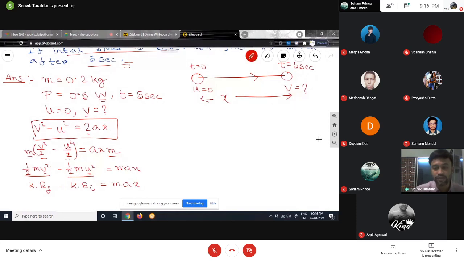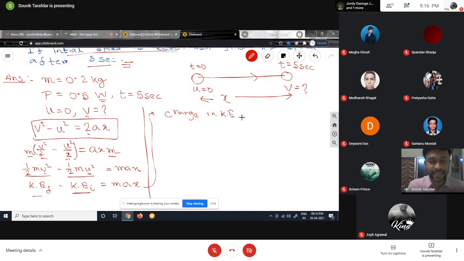Now see, students. Kinetic energy final minus kinetic energy initial, what does it mean? This is the change in kinetic energy, isn't it? Change in kinetic energy is equal to m a into x.